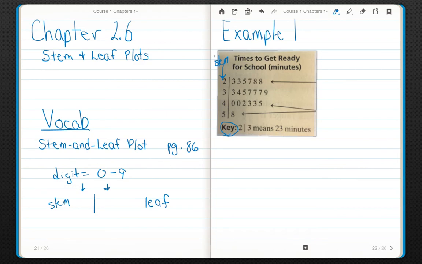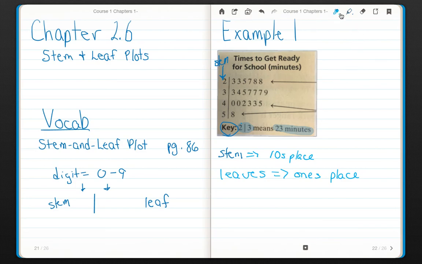So in this stem and leaf plot, my stem is my tens place, and my leaves are my ones place. That's what this key means. 2 line 3 means 23 minutes.